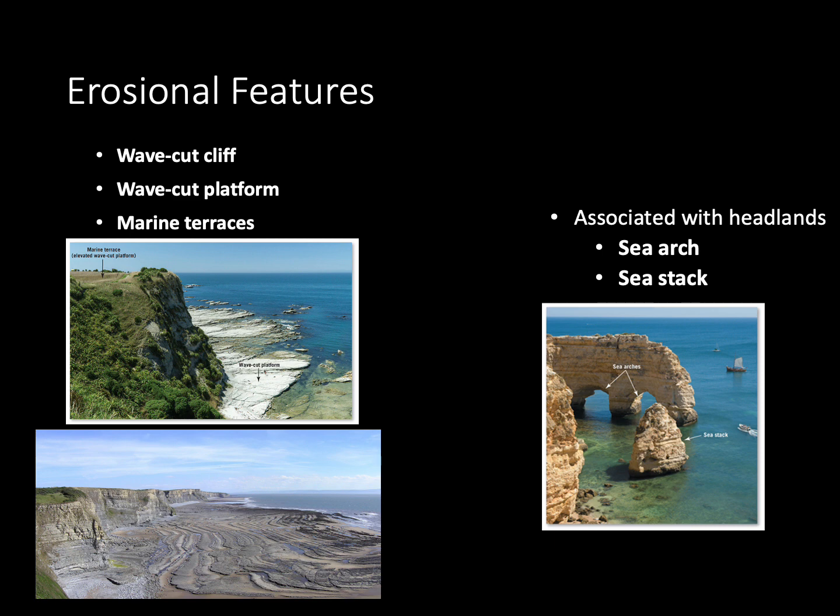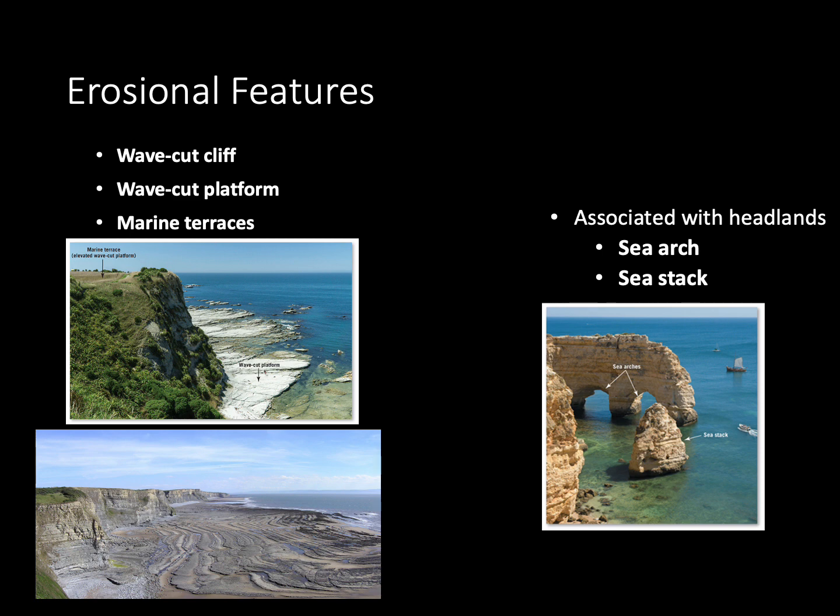But here on the right, we're looking at an image of a sea stack and sea arches. And these are associated with headlands. This is an area of our coast that's kind of jutting out into the water a little bit. So it's not a straight coastline. It has some kind of formation that's moving out into the ocean. And with this, the waves are going to be able to erode those rocks that are jutting out into the water.